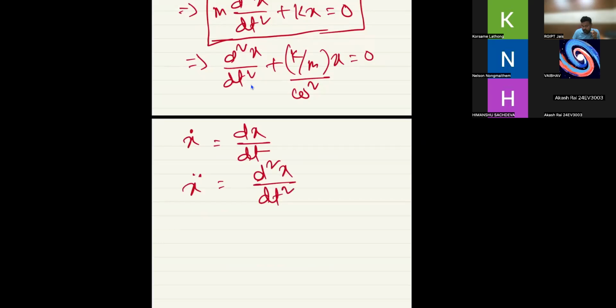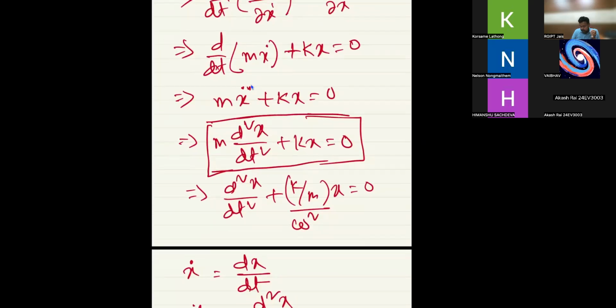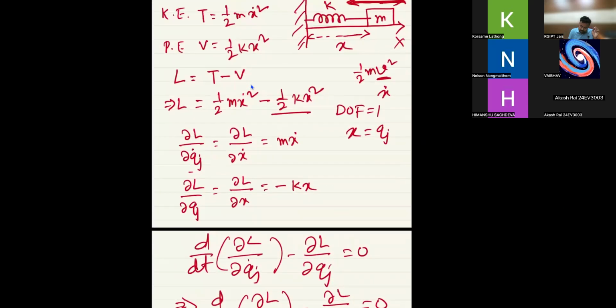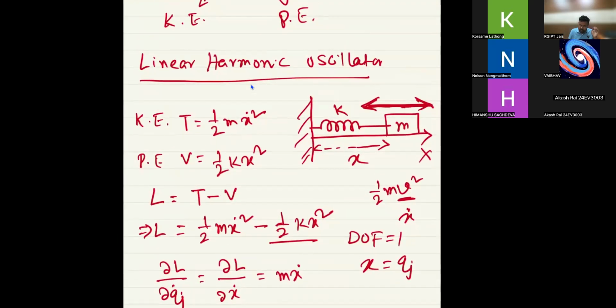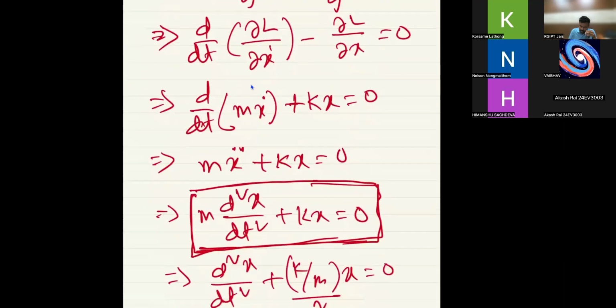Okay, sir. So is this familiar to you guys? This looks like the equation for a linear harmonic oscillator or not? Yes, sir. Okay, acceleration. So what we got? Earlier in class 12, you got to know a different method using which you can derive this equation for the linear harmonic oscillator.